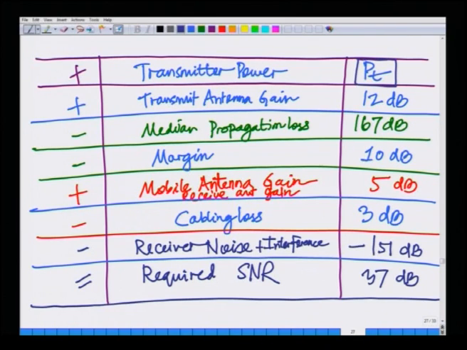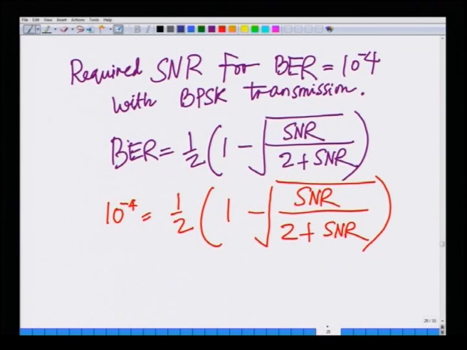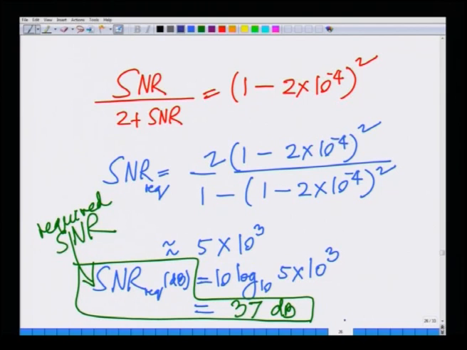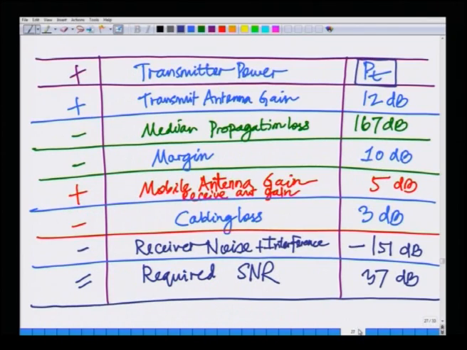Given the transmit antenna gain is 12 dB, the median propagation loss is 167 dB, margin is 10 dB, receive antenna gain is 5 dB, cabling loss is 3 dB, receiver noise plus interference is minus 151 dB, and the required SNR is 37 dB, which is the SNR required for BPSK decoding with probability 10 power minus 4 in this wireless communication system.